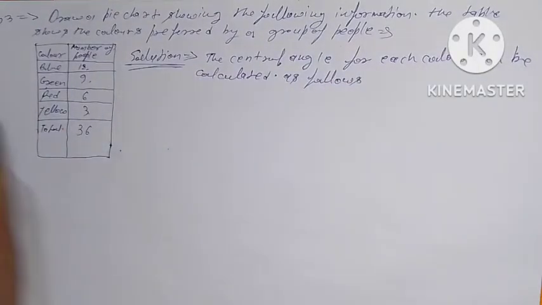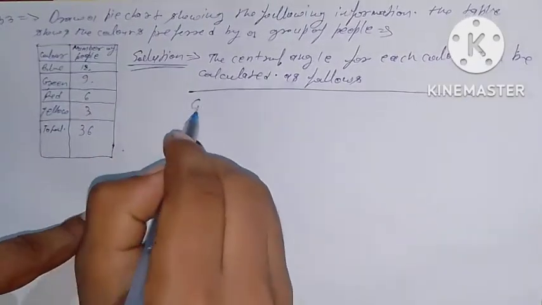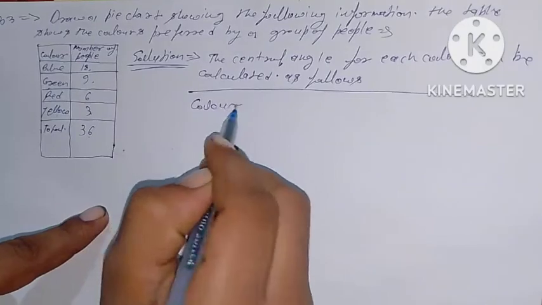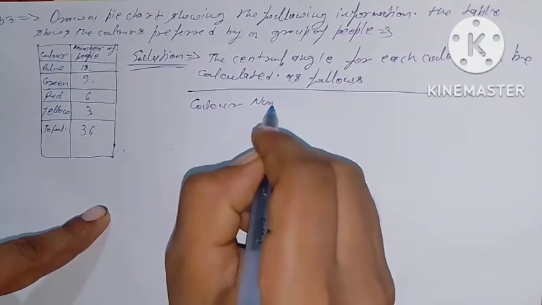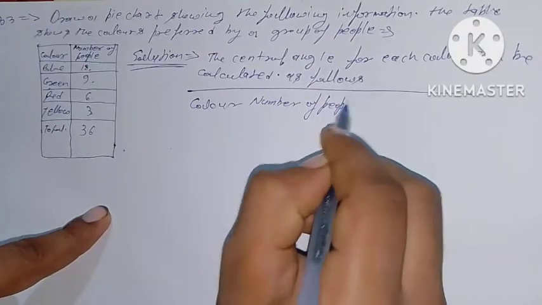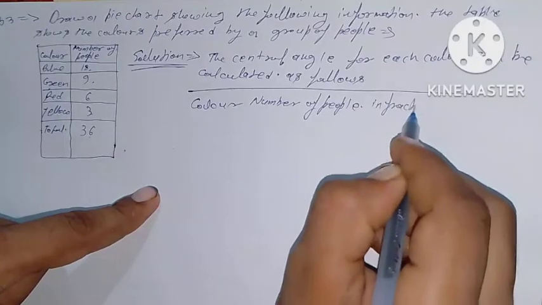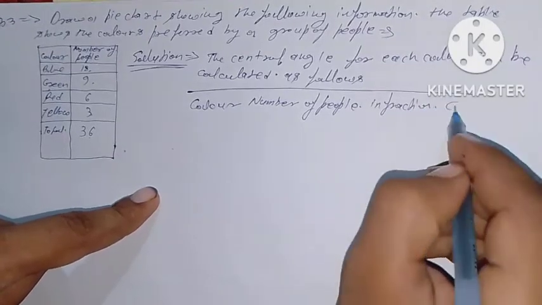This is color, number of people, fraction, central angle.